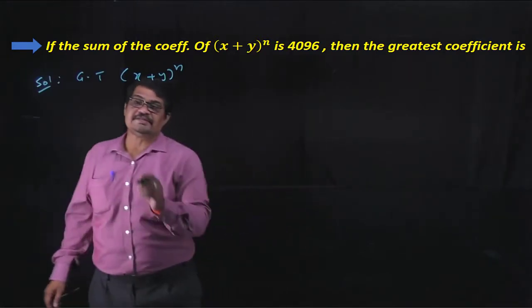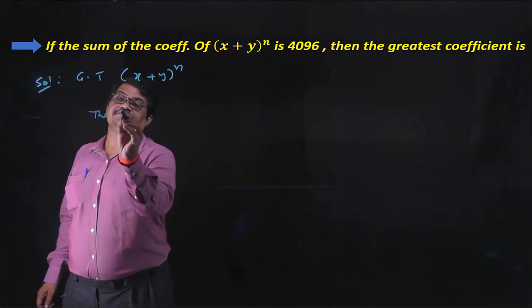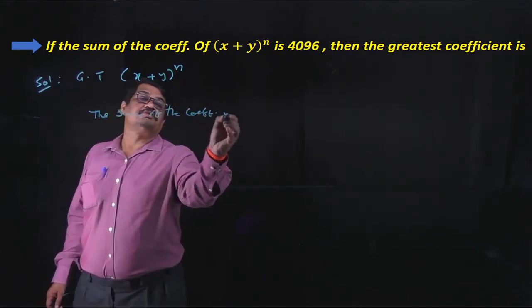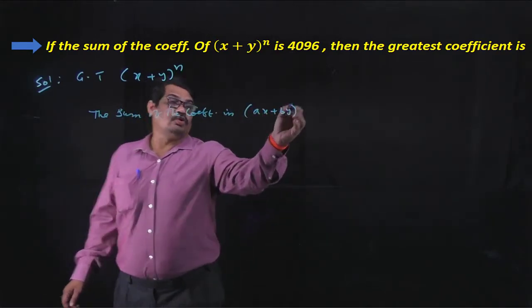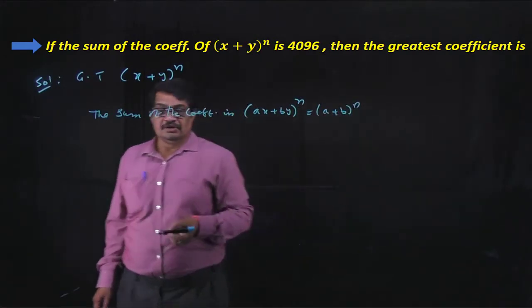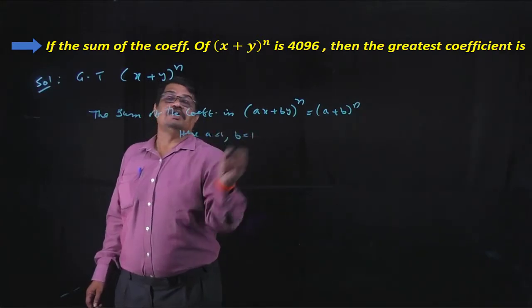So the formula is that if the sum of the coefficients in the expansion of (ax + by)^n is (a + b)^n. So here a is 1 and b is also 1.